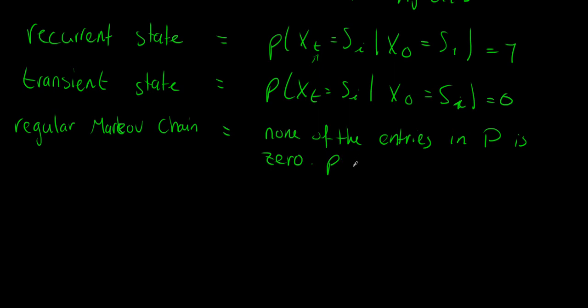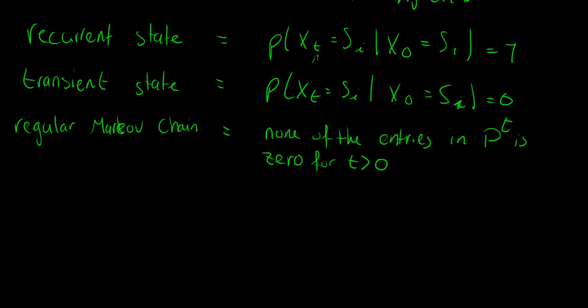So none of the entries in P is 0, or actually none of the entries in P^t is 0 for t bigger than 0, and of course, only whole numbers.